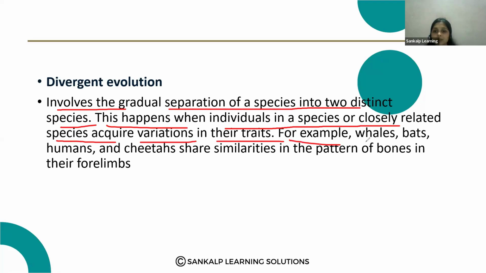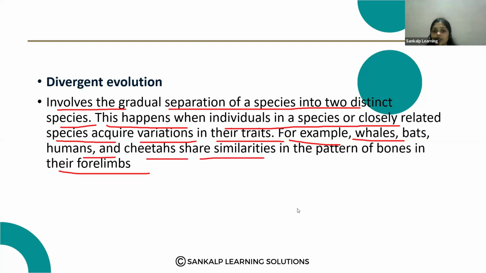For example, whales, bats, humans, and cheetahs share similarities in the pattern of bones in their forelimbs, but they perform different functions. Same anatomy, but different functions, that is divergent evolution.